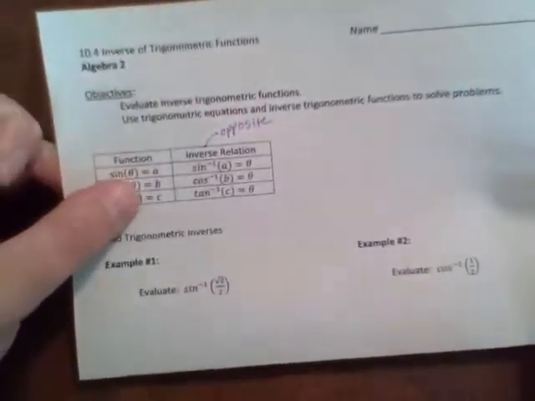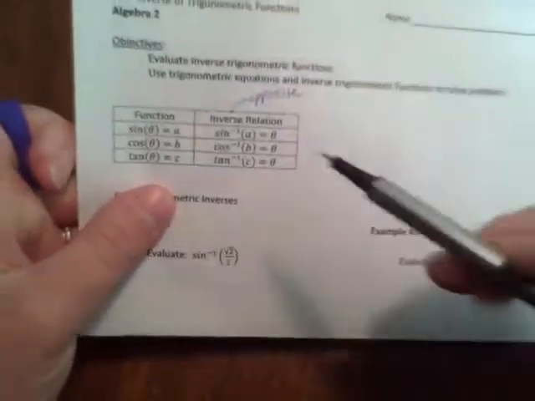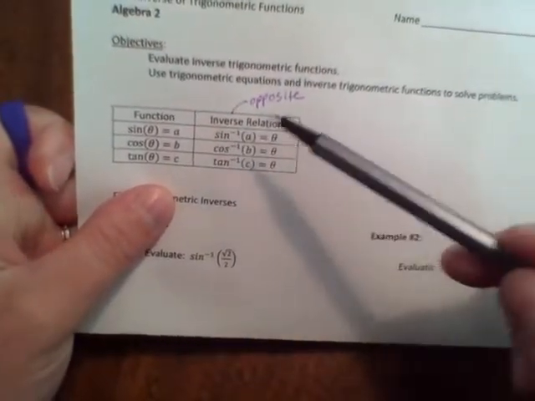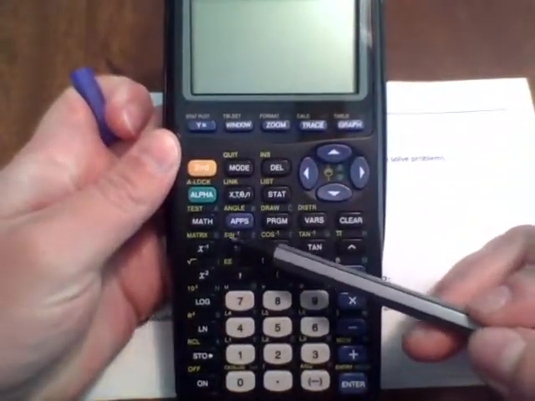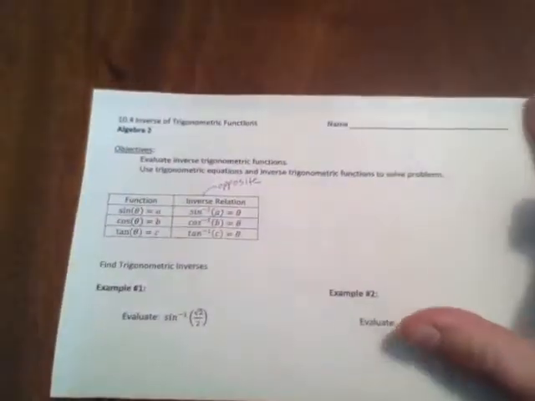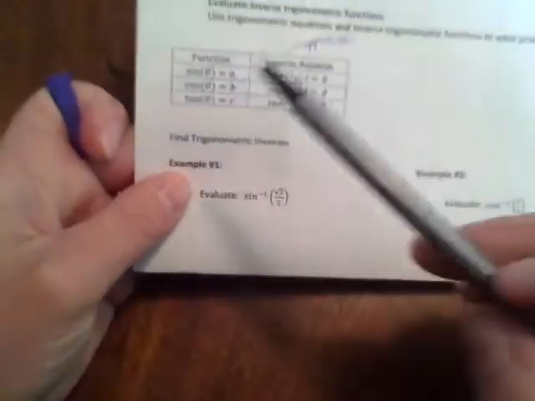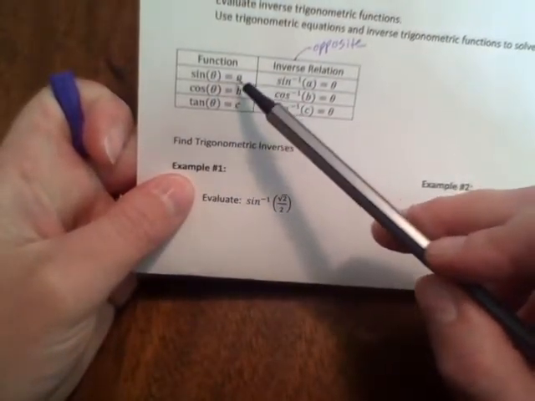When we have our function like sine, cosine, or tangent, in order to get your inverse, you're just going to put this little tiny 1 right here. If that looks familiar, it's because your calculator has it as well, up here as the operation from the second mode. If you take sine of whatever degree measure you have, you're going to equal a number.